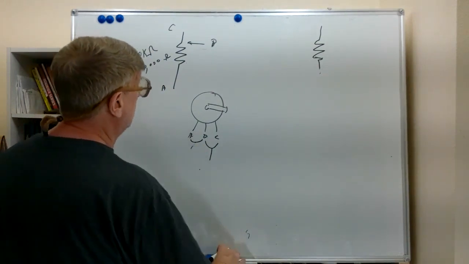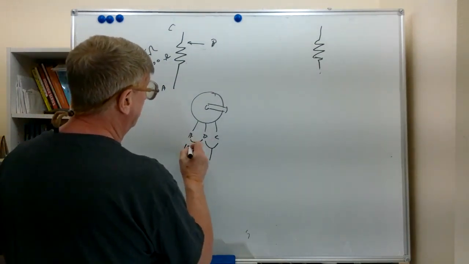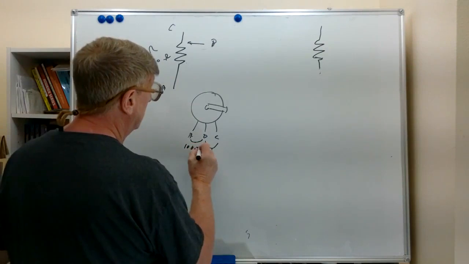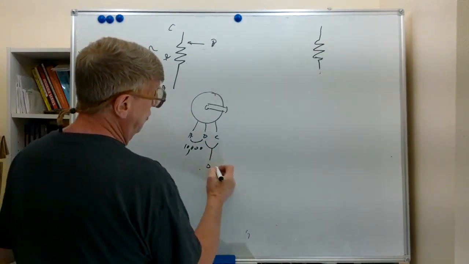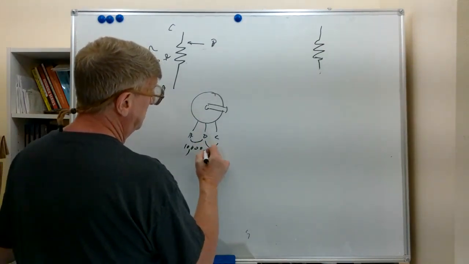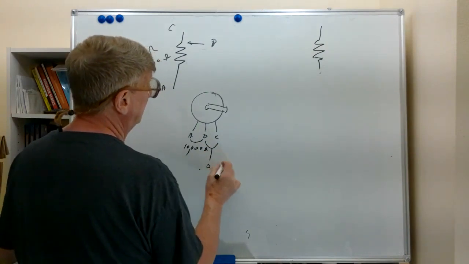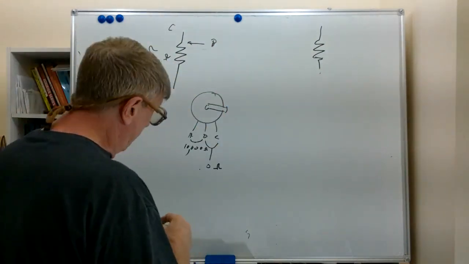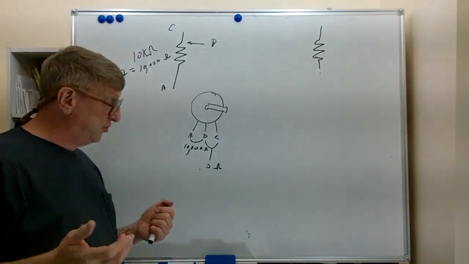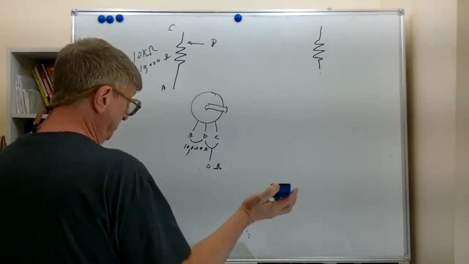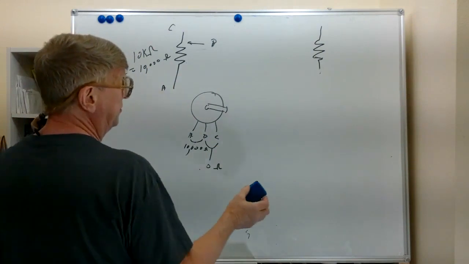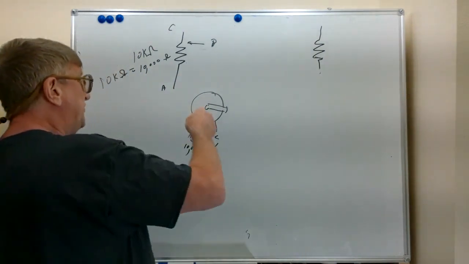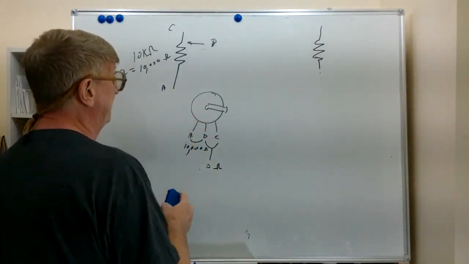We end up with 10,000 ohms from A to B and 0 ohms from B to C. And you can see that we're picking off more or less of the resistor. Now, what I've described to you is what's called a linear taper pot, linear taper variable resistor. Basically, if I move to 25%, the resistance changed 25%.